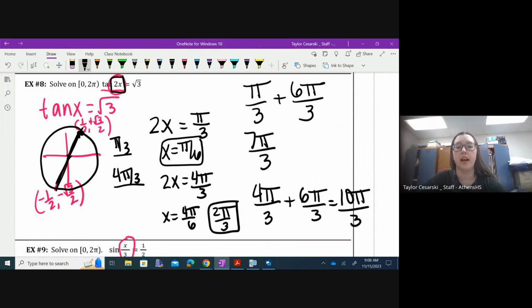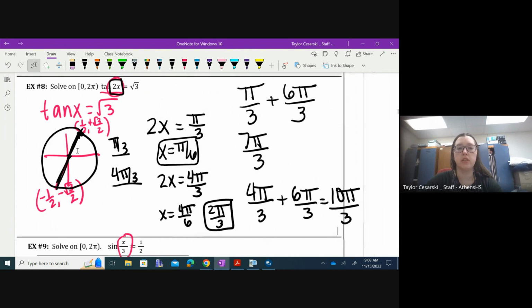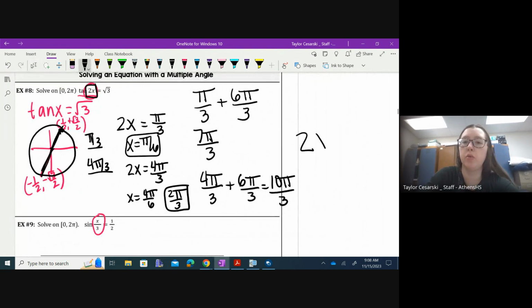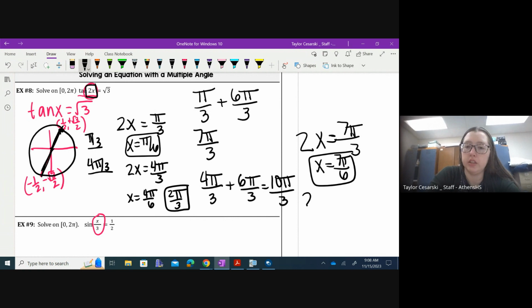Remember those are not my final answers, so 2x would then equal 7 pi over 3. Divide by 2, and I get 7 pi over 6. Then 2x equals 10 pi over 3. Divide by 2, I get 10 pi over 6, which is equal to 5 pi over 3.